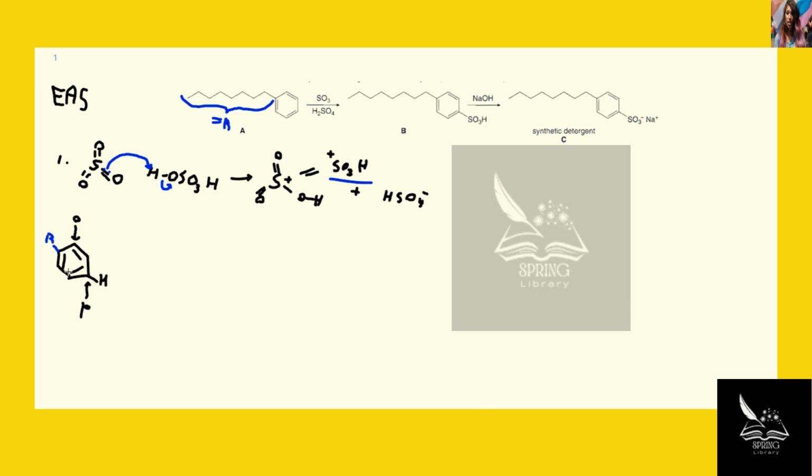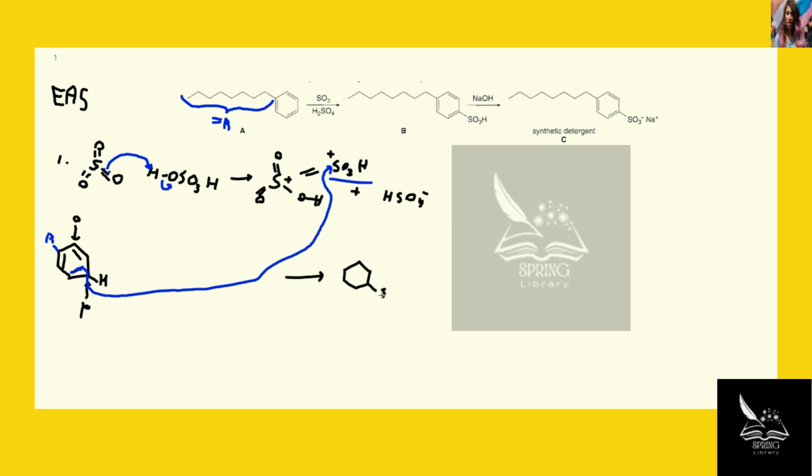Our benzene ring, the source of our electrons, is going to be our nucleophile, and we're going to use the two electrons in one of these pi bonds to go through this carbon at the para position and attack our newly formed electrophile, making a bond. The formation of this bond actually neutralizes the sulfur group of our electrophile.